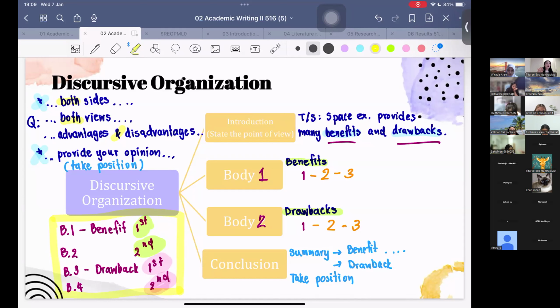Provide your opinion, express your opinion, means that the question asks you to take a position. So you should choose whether you think the benefit is more than the drawback, or take a position between agree or disagree. Some people may also answer that they are staying in the middle. That is okay as well. There are three options you can choose.